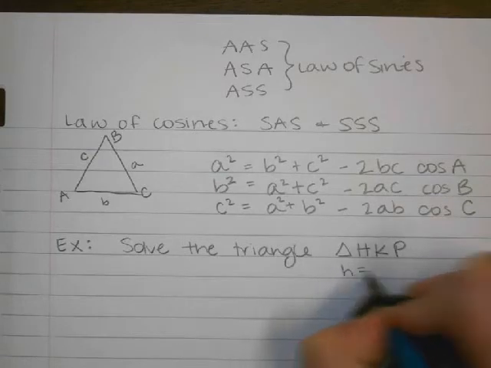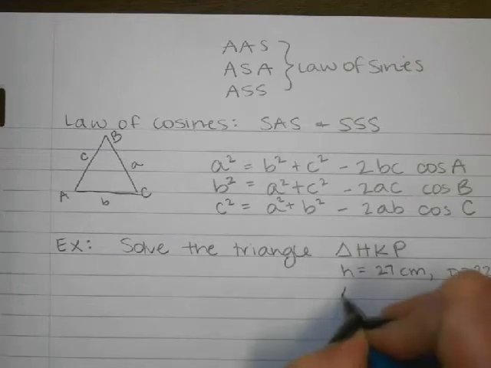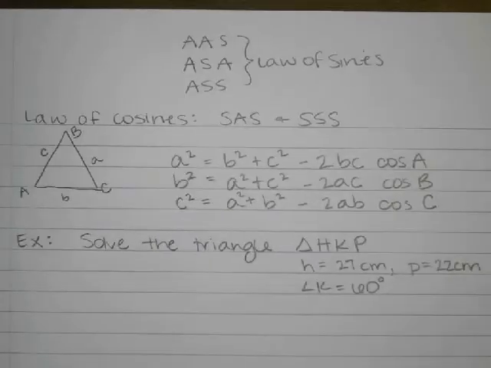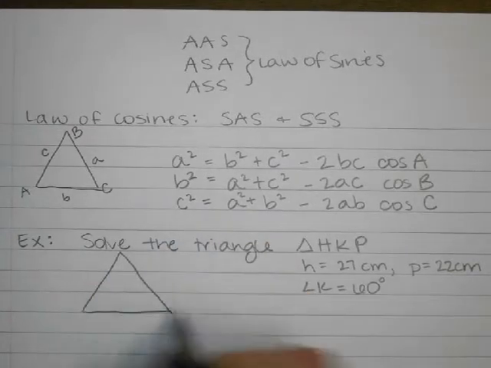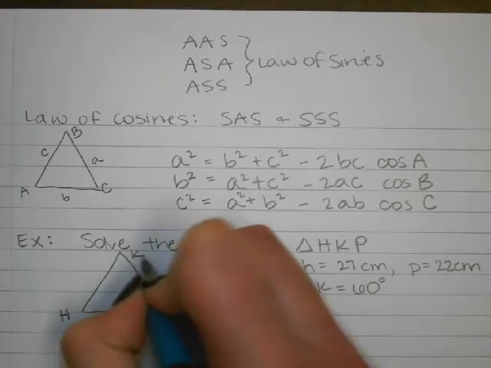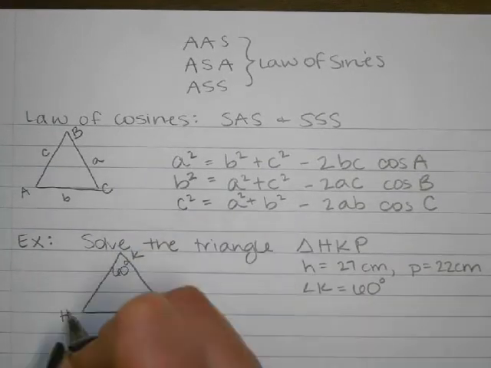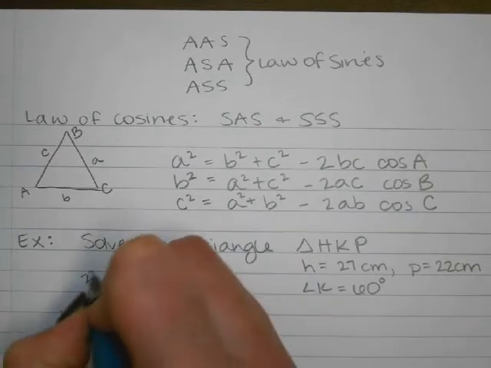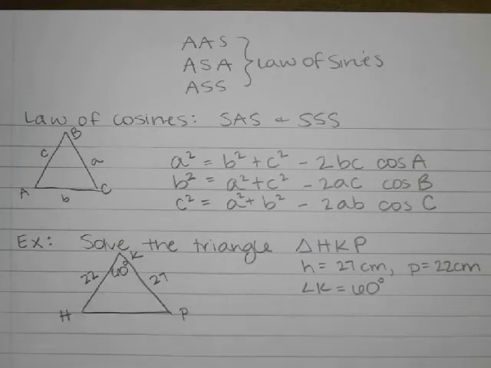This is where H equals 27 centimeters, P equals 22 centimeters, and angle K equals 60 degrees. So 60 degrees right there, H is 27, P is 22. When you look at this, you can see that you have two sides and the angle that is in between them.